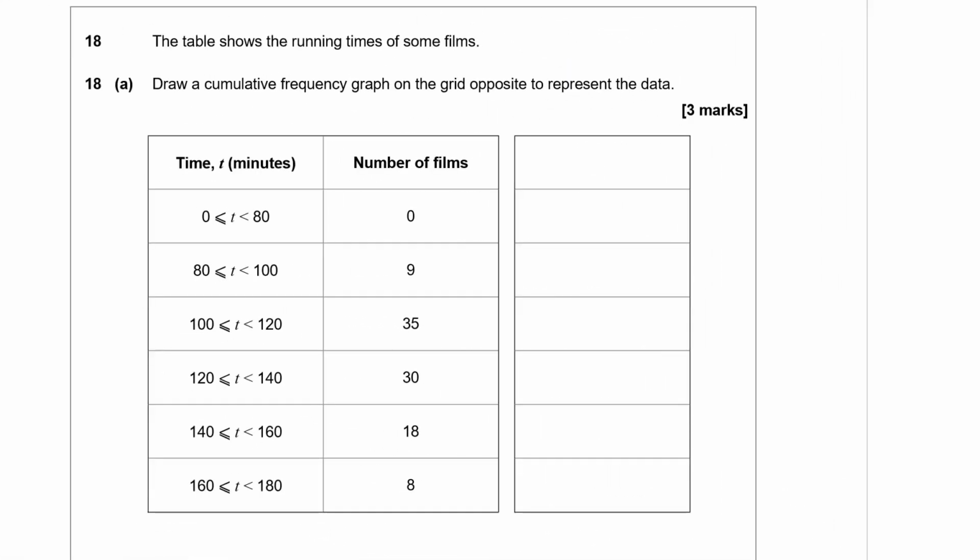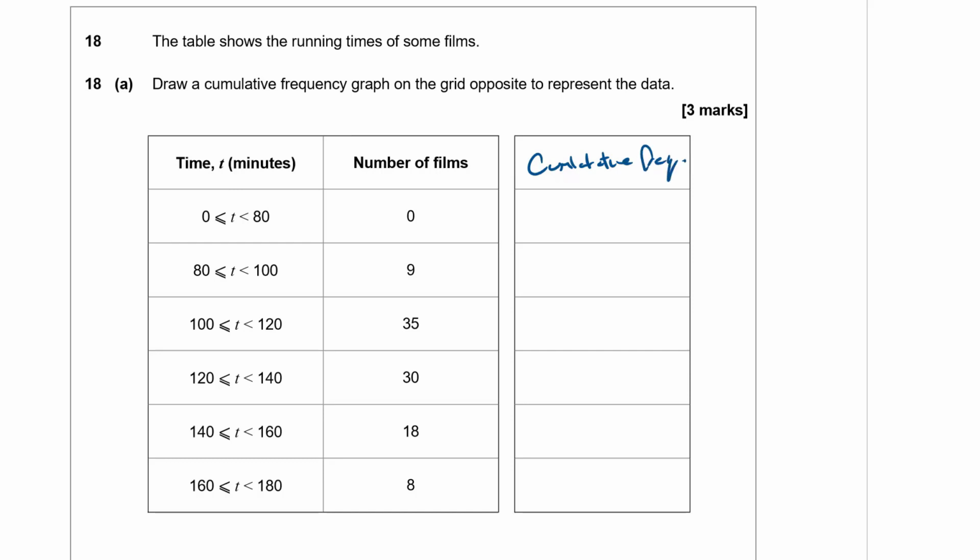Question 18 gives us a frequency table, well, a group frequency table, and we need to draw a cumulative frequency graph to go with it. Now, in order to draw a cumulative frequency graph, we're going to need cumulative frequency. They've handily left us a column on the end here to calculate it. Cumulative frequency goes in here.